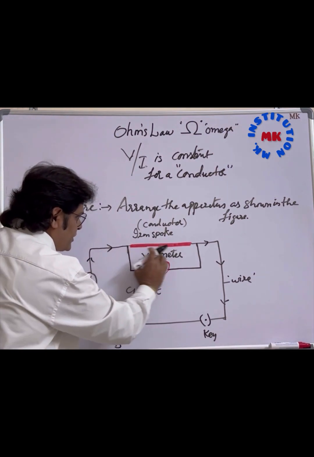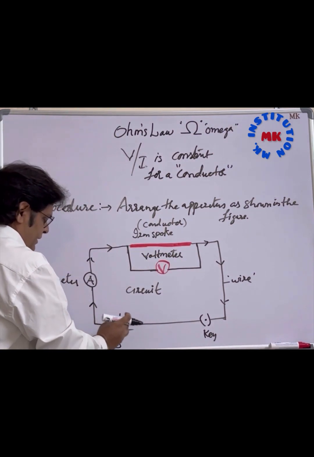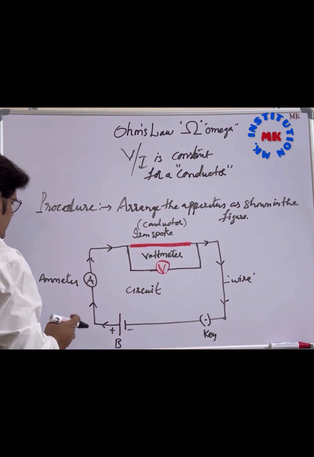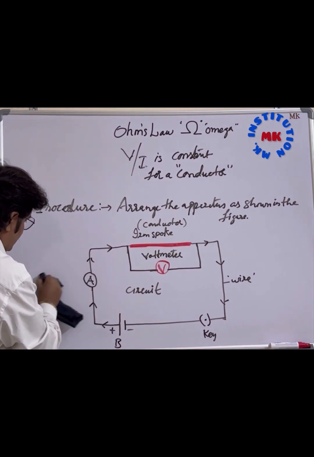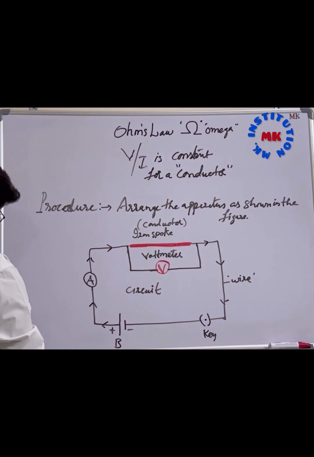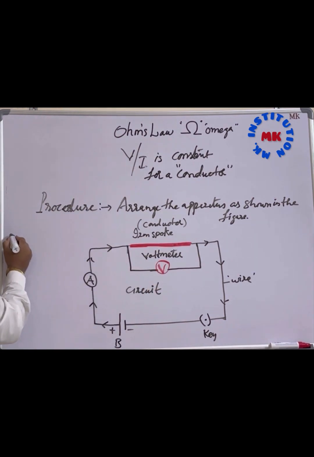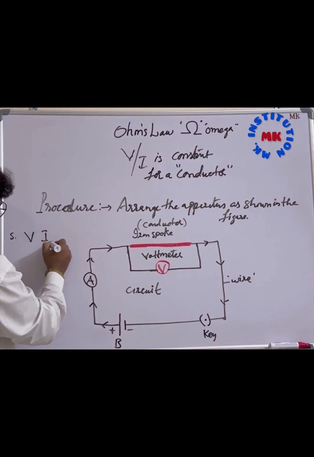Now by seeing this, we have to make one table, by changing the batteries. That is our experiment. Clear? So we'll do that now. All the readings should be in table form. So serial number, then voltage, current, and the ratio.